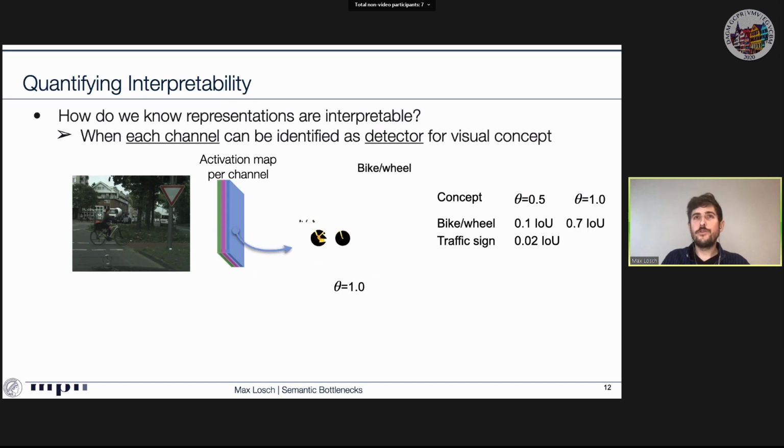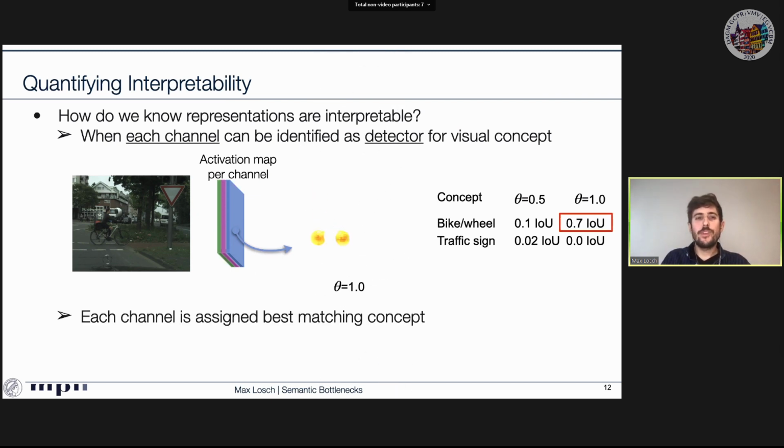We perform this for all possible thresholds and choose the concept that has the best alignment. By alignment here, we mean the intersection over union. So for each pair of concept and channel, we evaluate the intersection over union and take the threshold that maximizes this intersection over union.